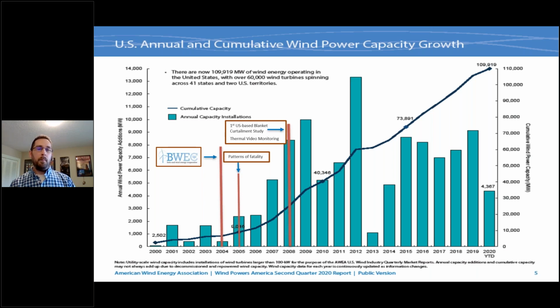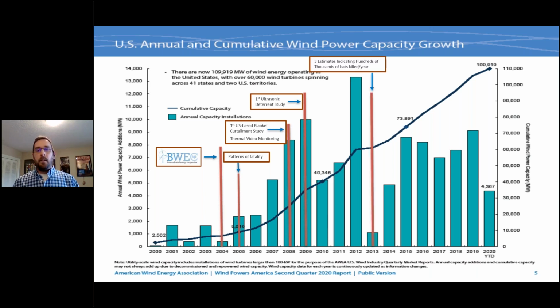Also at this time, one of the first studies using thermal video cameras to observe bat behavior at wind turbines was published. In 2009, the first study using ultrasonic deterrence at an operational wind energy facility was started.